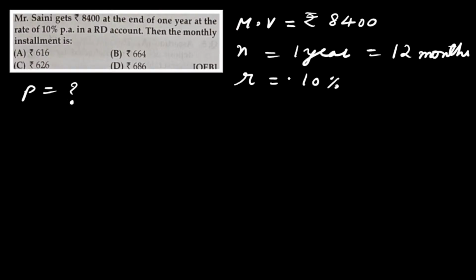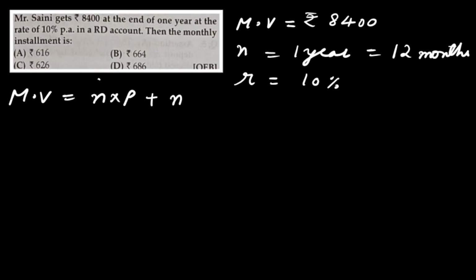Again, MV is given to us. We'll make use of MV's formula. So MV is equal to N into P plus I. In I's place we can use its formula, the formula of interest, which I am going to write here.